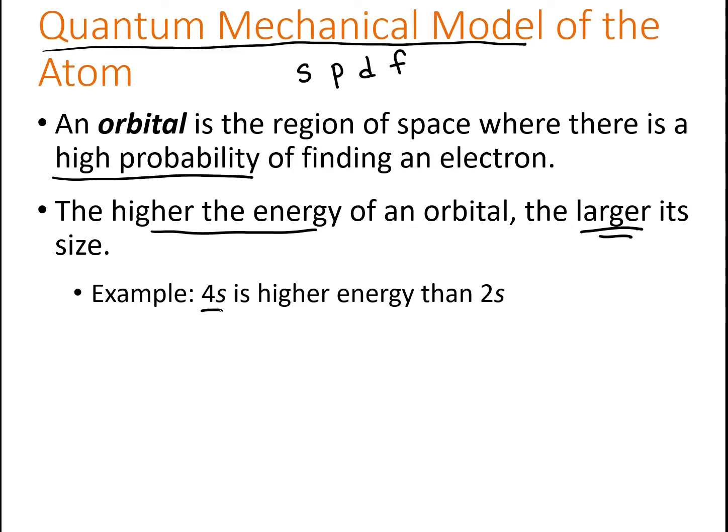So if you have a 4s and a 2s, the 4s is going to have a higher energy because there's the 4 for the main energy level, okay? So if we were going to draw kind of an idea, the 2s would look like this, and the 4s might look like this.